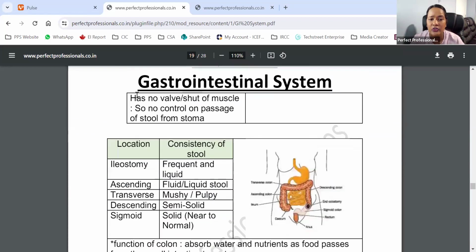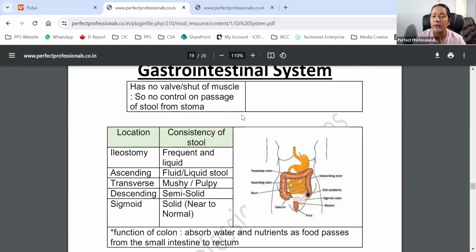Okay. In a healthy stoma, one more thing you have to remember, there is no wall. In our GI intestine there are no walls, no muscles to shut it. The peristaltic movement continues. As long as peristaltic movement continues, what we are going to get in a stoma is some form of stool, and it will keep coming.